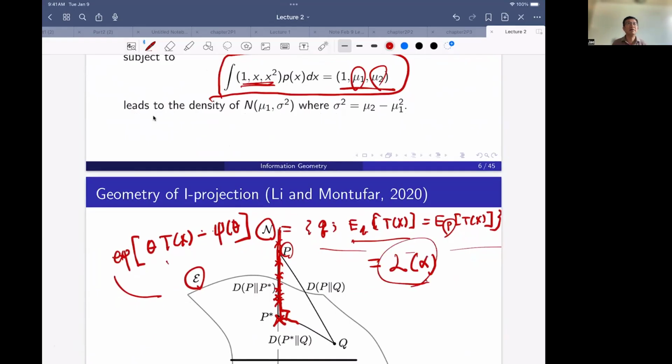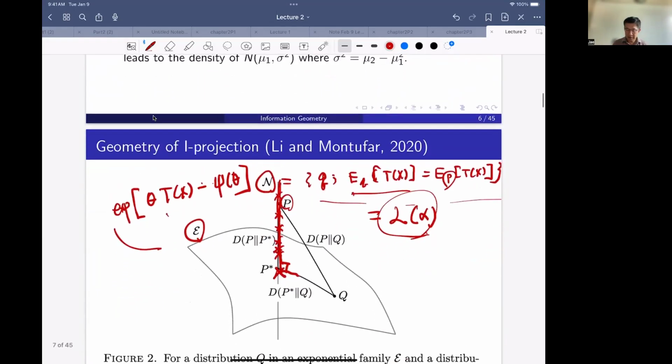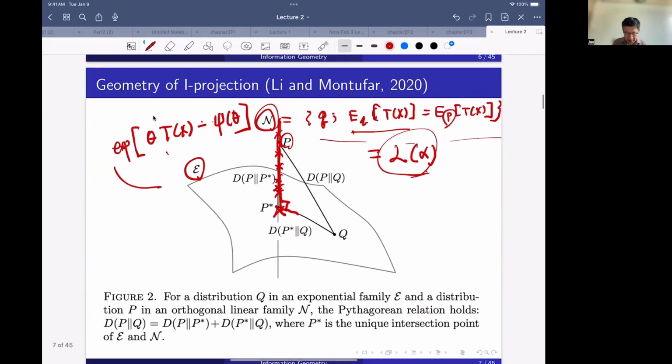Yes. Okay. Then the line here is the E geodesic, and the line here is the M geodesic.